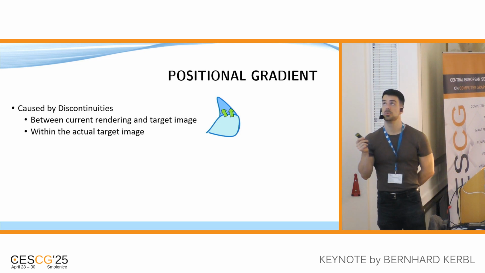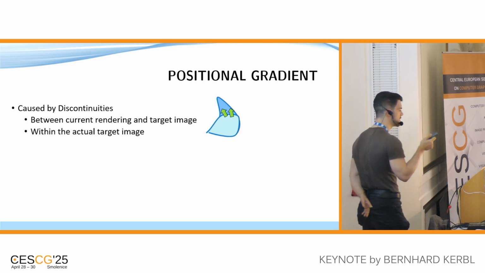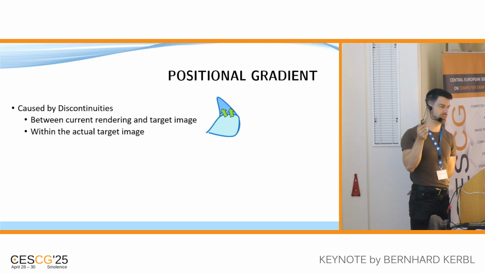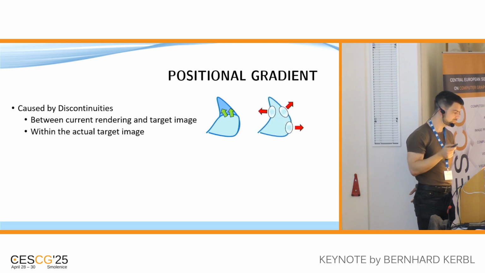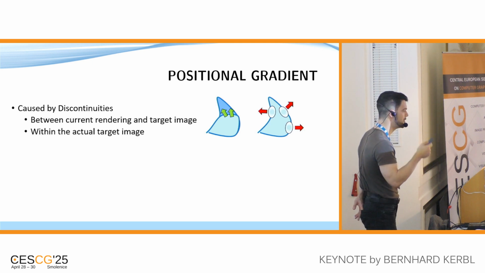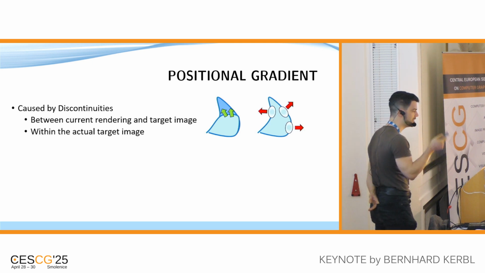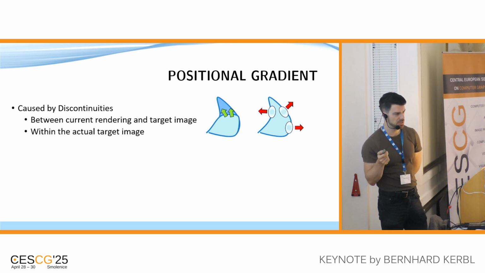So here, we would obtain a high positional gradient because we have an obvious discontinuity. And exactly there is where we would want to put additional Gaussians, because obviously some more are needed there to grow the full shape to its completion. But also on the shape itself, when there is a hard border, or when there is a fine detail or a transition in the images, that also will give us discontinuities.